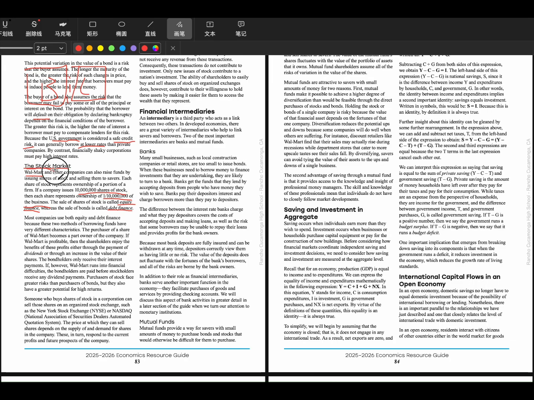And by buying a stock, you're either expecting to receive dividends from the company. That's the first thing you're looking for. The second is that you're betting on this company being successful so that you can actually sell their stock at a higher price. And where exactly do you buy stocks? Well, there are formal markets. Things like the New York Stock Exchange, NASDAQ, the National Association of Securities Dealers Automated Quotation System.